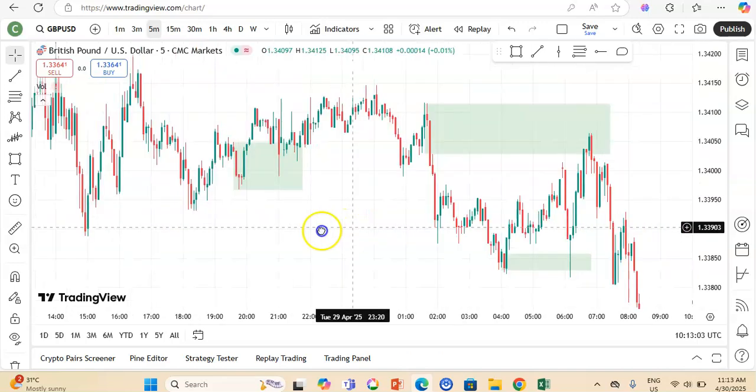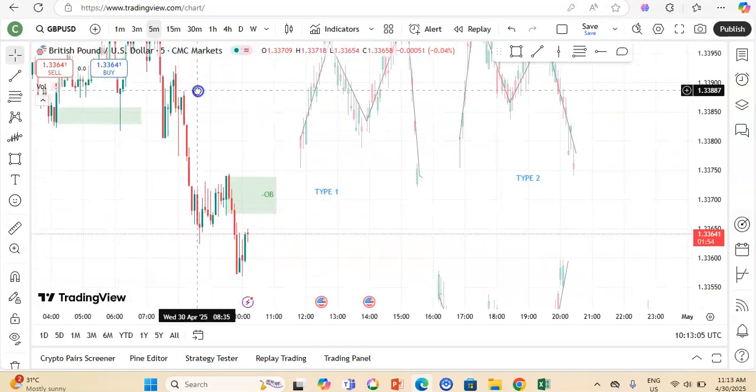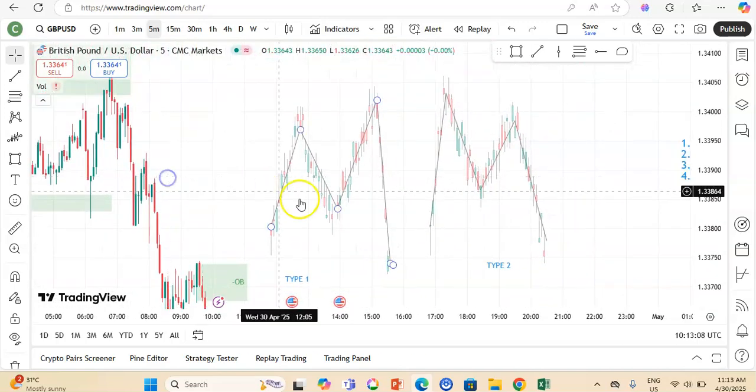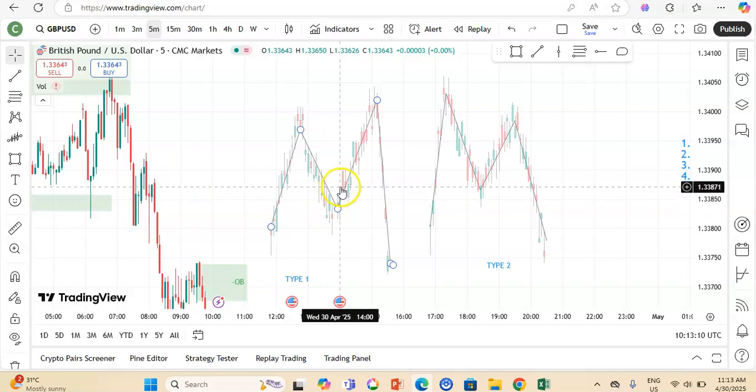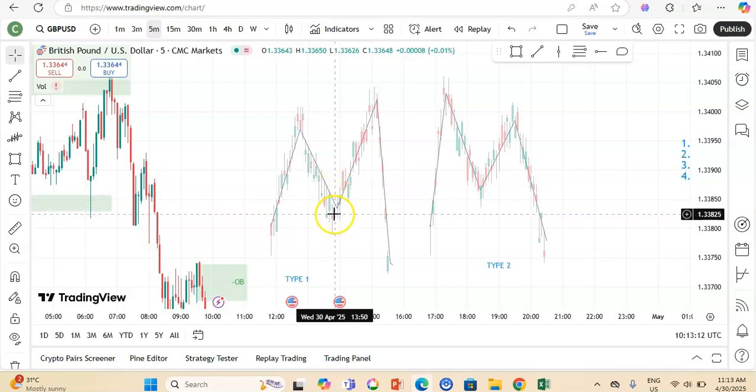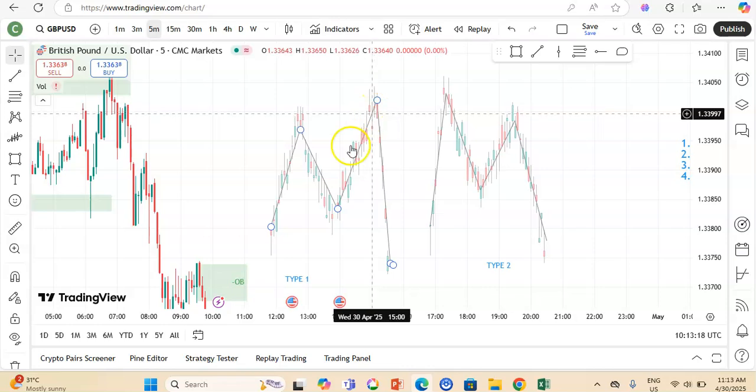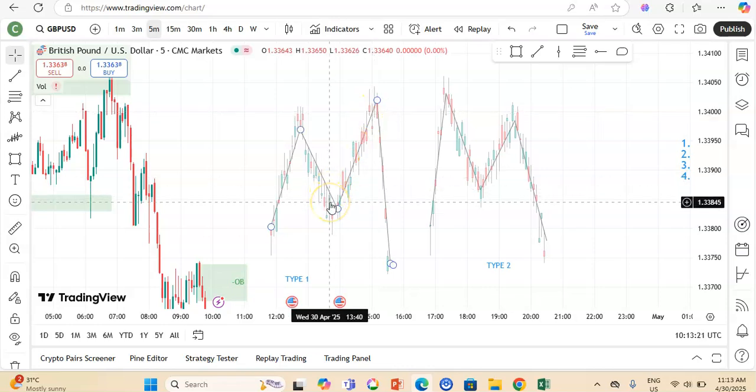Then when you see an M, when you see a type 1 M, the last bearish candle, okay, before this upward movement, that candle now becomes what we call a mitigation block.